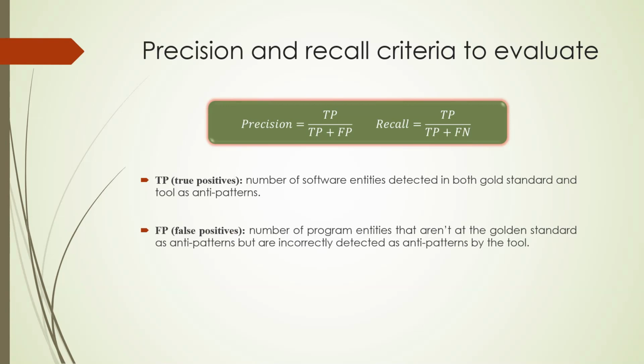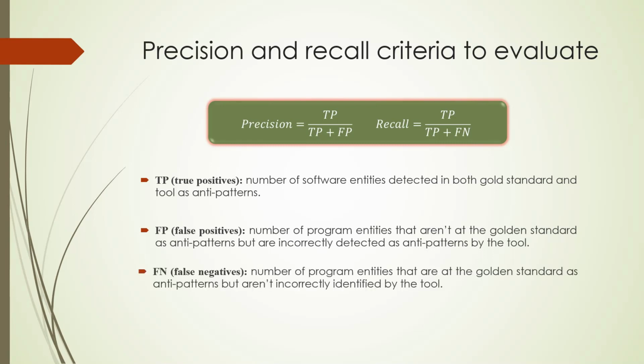FP, false positive, is the number of program entities that aren't in the gold standard as anti-patterns but are incorrectly detected as anti-patterns by the tool. FN, false negative, is the number of program entities that are in the gold standard as anti-patterns but aren't identified by the tool.